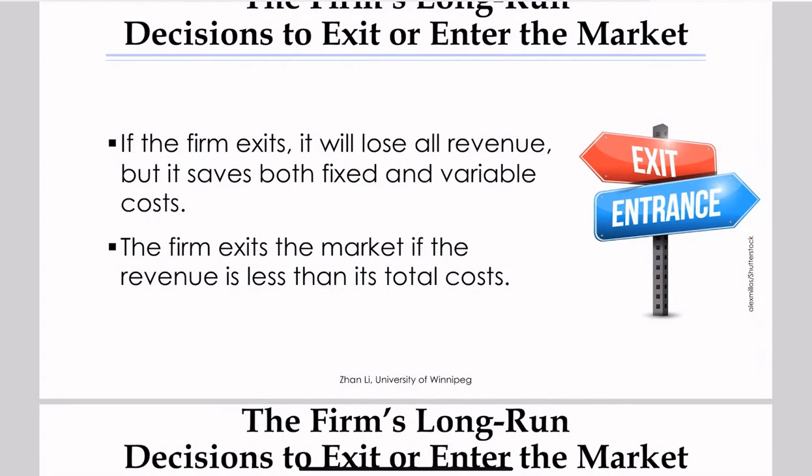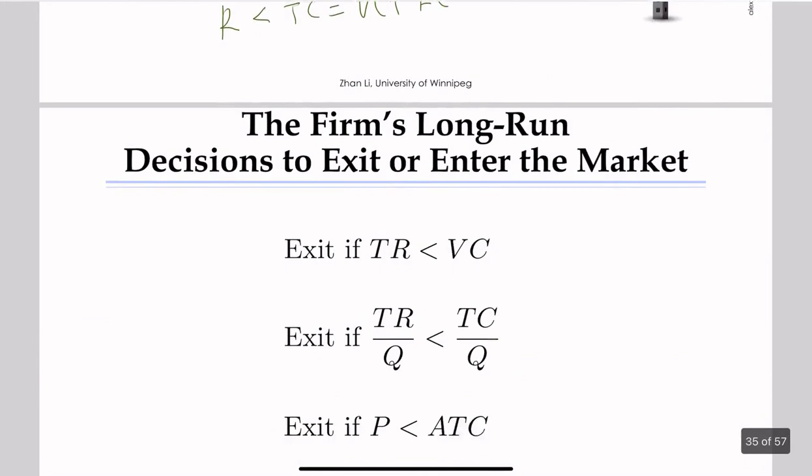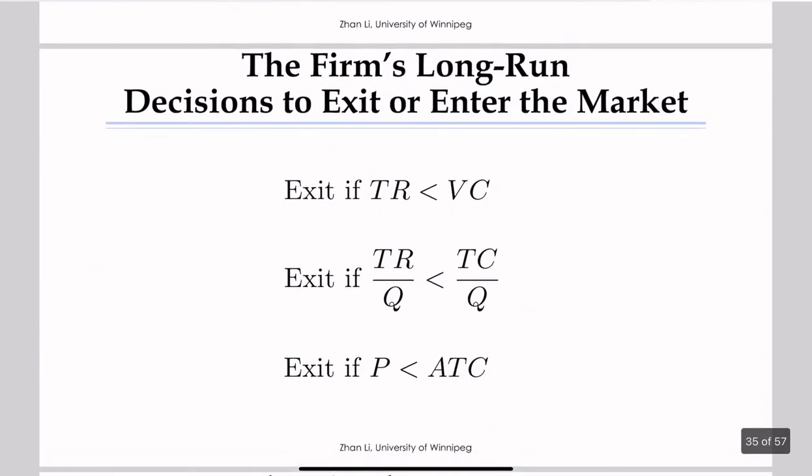It can save fixed cost because in the long run, fixed cost can be recovered. So you can see that a firm will only exit the market if revenue is smaller than total cost. That is the sum of variable cost and fixed cost, right? So this is our result here.